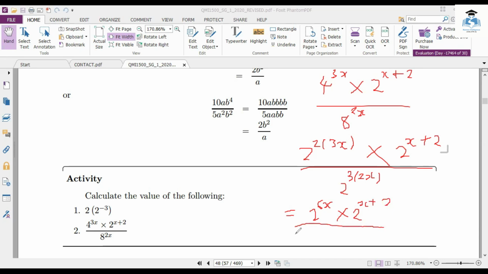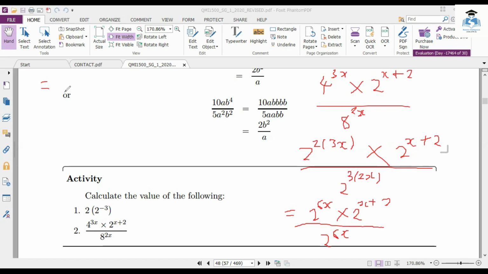Over 2 to the power 6x. Let's move on. The bases are the same.